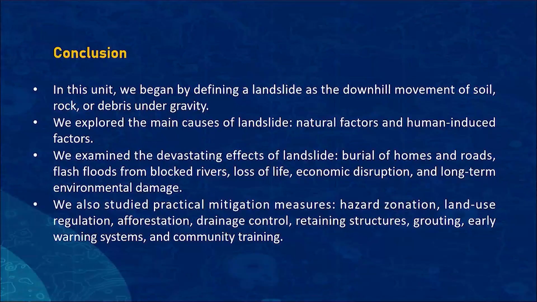Dear learners, in this unit we began by defining a landslide as the downhill movement of soil, rocks, or debris under gravity. We explored the main causes of landslides such as natural factors including heavy rainfall, earthquakes, weak geology, and human-induced factors such as slope cutting, deforestation, poor drainage, overloading, etc. We examined the devastating effects of landslides such as burial of homes and roads, flash floods from blocked rivers, loss of life, economic disruptions, and long-term environmental damage.